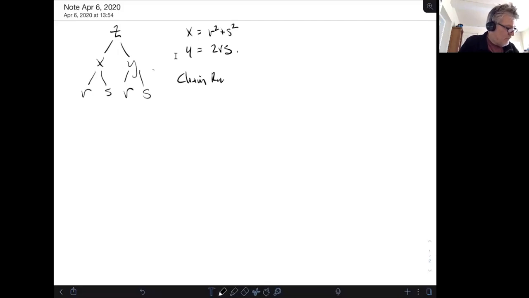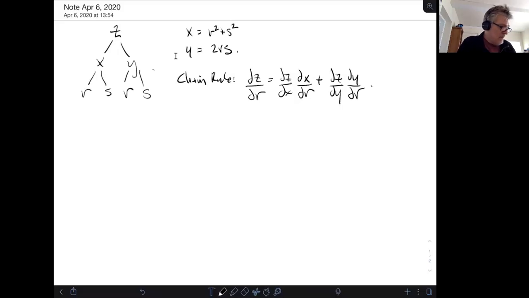And so what does the chain rule tell us? If I want to compute del z, del r, the chain rule says this is del z, del x, del x, del r, plus del z, del y, del y, del r. Again, I don't know what the first factors are because I don't know what z is, but I can certainly compute the others. So del x, del r is 2r, del y, del r is 2s.